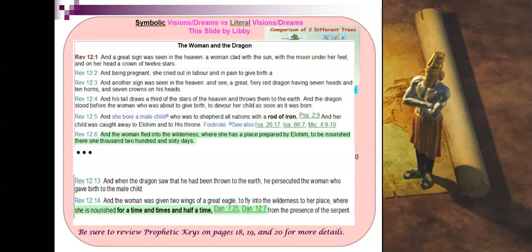Now, is there anybody here that can tell me in years what a 1,260-day timeline would be? How many years is it? 3.5. That's right. So that's quite different. 1,260 years is quite different from 3.5 years. I think we have to all agree with that.